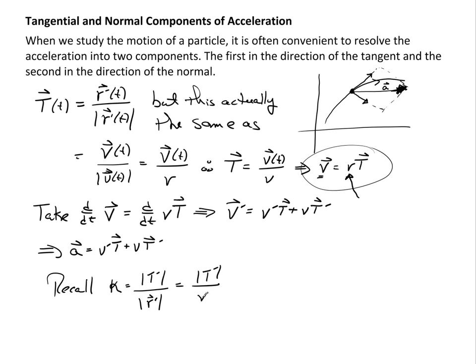But that's my v. Therefore, I can say that the magnitude of T prime is equal to the speed v times the curvature kappa. Don't forget again that this v is a function of t. It's not a vector, but it is still a function of t. And obviously kappa is a curvature, it's a scalar, but it's also a function of t because these are all functions of t.